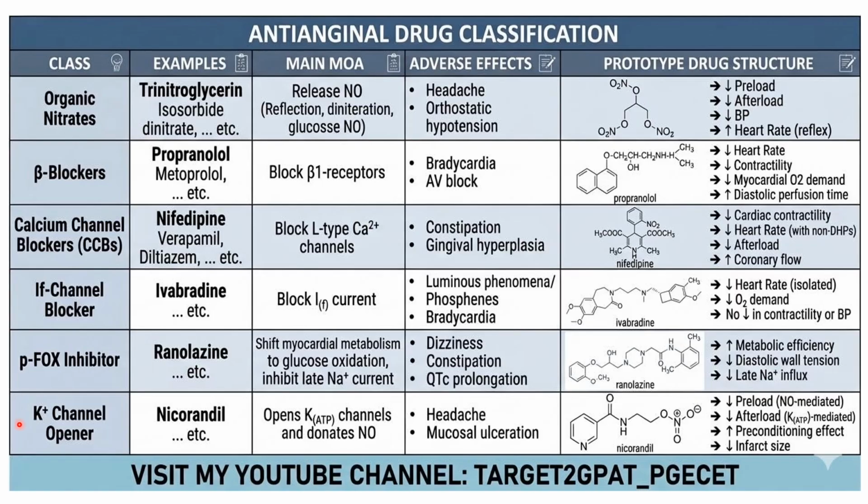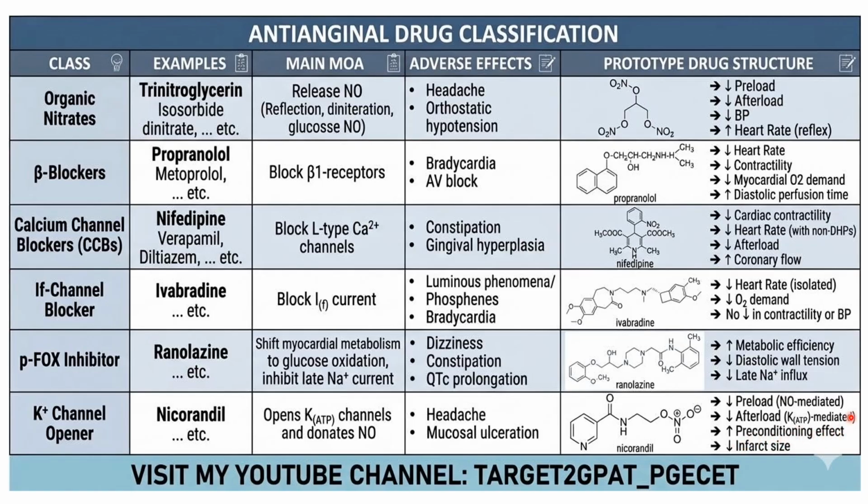Okay, last but not least, the potassium channel opener here. The best example is nicorandil, and this exhibits its mechanism of action by acting on the ATP sensitive potassium channels, and antagonizes the nitric oxide, because of which it exhibits the anti-anginal activity. This results in decrease in the preload, afterload, and infarct size also, and increase in the preconditioning effect.